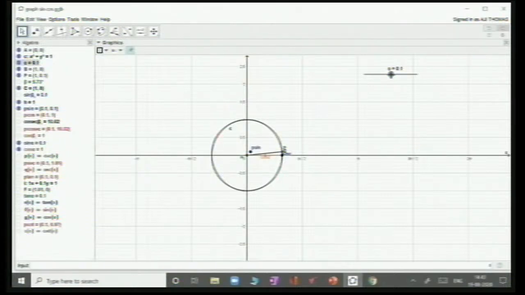As I move further, just see what is happening. Your sine is increasing, the height is increasing, and correspondingly, 0.3 means that on this x-axis I have to take 0.3. So this point would be 0.3. This height is 0.3 and this height is also 0.3. And here also you can see that this sine alpha is increasing.